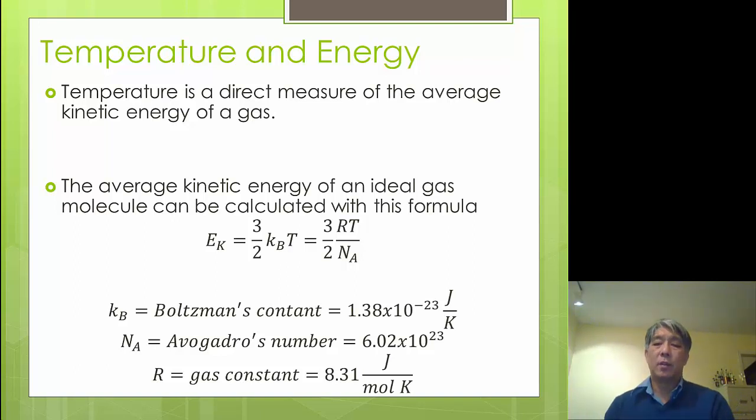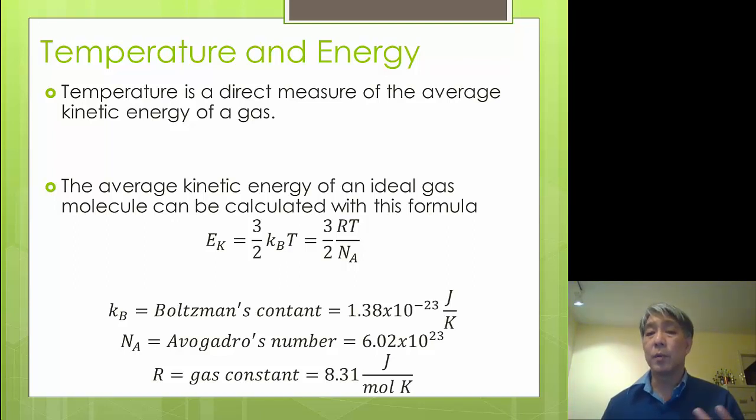So that brings me to the last slide in this set, which says that temperature and energy are directly correlated. They're proportional. Temperature directly measures the average kinetic energy of a gas. And I have a formula to calculate what that average kinetic energy is based on the temperature of that gas in Kelvin. So the average kinetic energy is going to be 3/2 Boltzmann constant, which is k sub B, times the temperature in Kelvin. So imagine if my temperature was 0, I would have 0 kinetic energy.